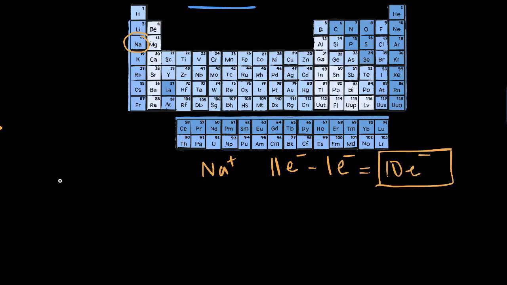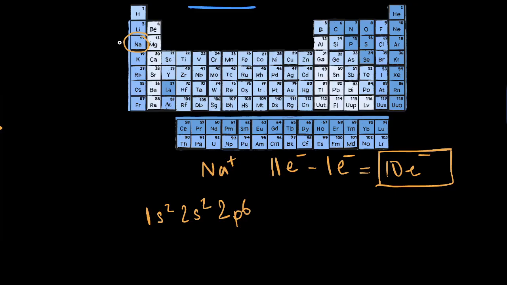Now, the rest of the steps will be exactly the same. We simply got 1s2, 2s2, right? We can move on to the 2p, 2p6, and well, we don't actually move down here as we would normally. I was going to demonstrate.